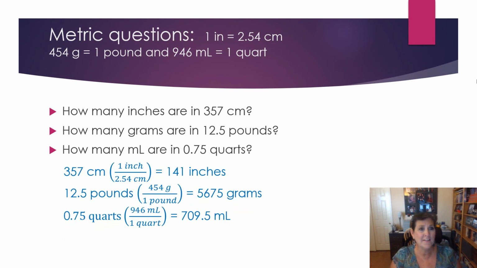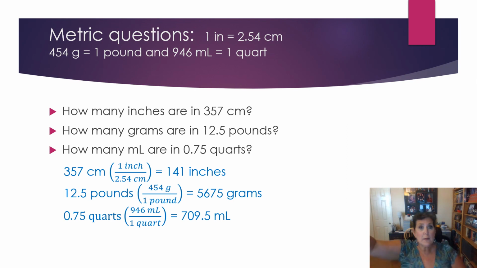There they are. So, number 1, start with what you're given, the 357 centimeters. What do we know about centimeters? Well, if we look at our information up there in the purple, we know an inch is 2.54 centimeters. The centimeters needs to go on the bottom because things cancel out top to bottom.